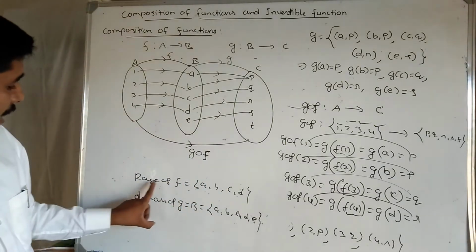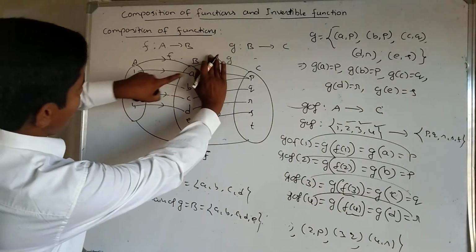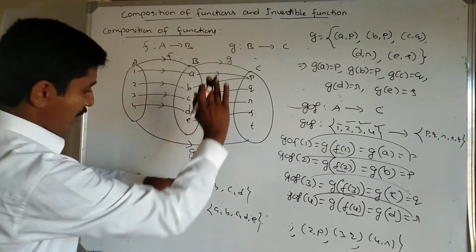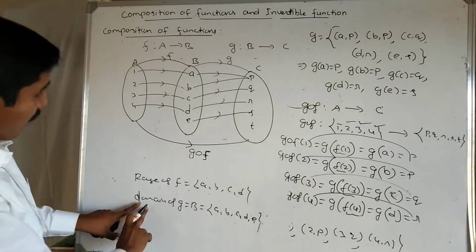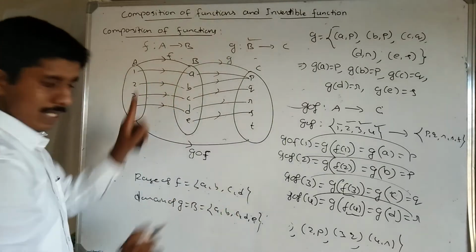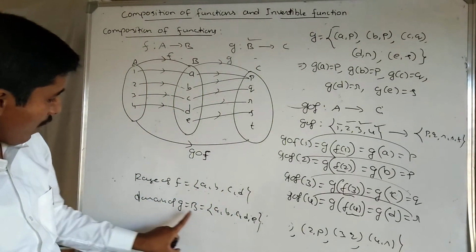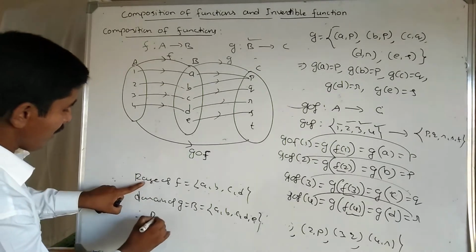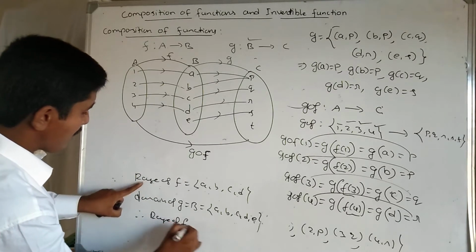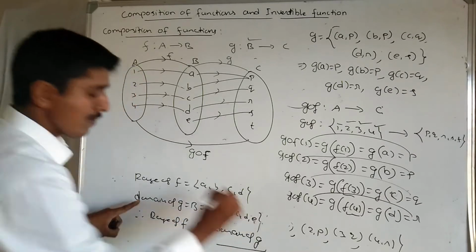Observe here: the range of F has the elements A, B, C, D, and the domain of G is the total set B. So clearly, all the elements of the range of F are contained in the domain of G. Therefore, we say that the range of F is a subset of the domain of G.